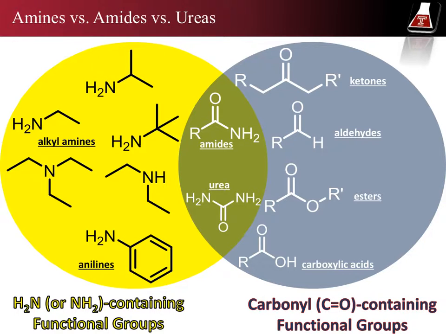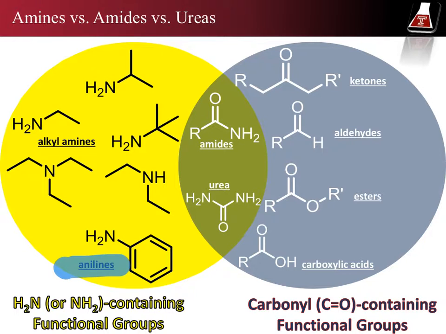When they are attached to carbons that are not carbonyl carbons, these are called amines. You'll see here I've highlighted the nitrogen version of phenol. These are called anilines. This is a common name. You don't necessarily need to memorize it, but it couldn't hurt.